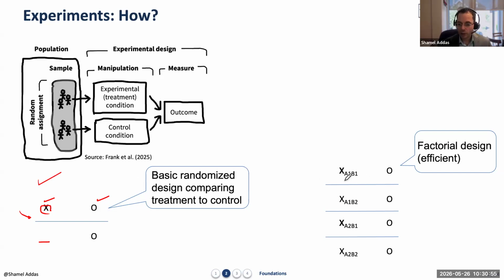So if we have, let's say here we have 2 by 2, so two factors A and B. Every participant will be assigned to a group such that they experience a level of both factors, right? So here, for instance, if you're assigned here, you will get level 1 from the A factor and level 1 from the B factor. Here, you get level 1 from A, level 2 from B, A2, B1, A2, B2, okay?